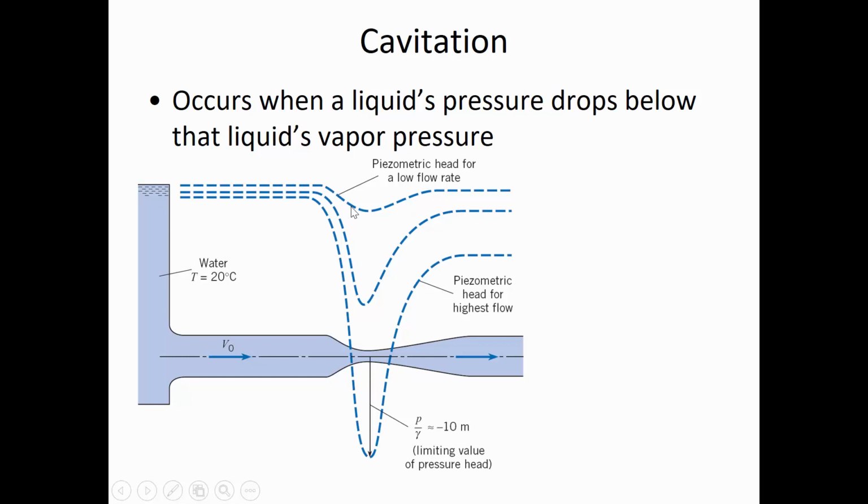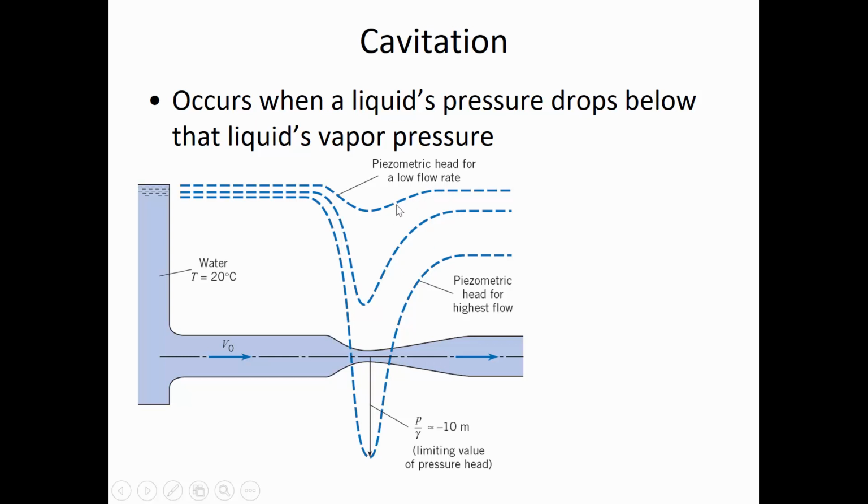There is a little bit of a pressure decrease as we go through this section where the diameter is lower, so the velocity will increase, but it's not increasing very much because it's slow-moving flow. So the pressure dips a little, but then it recovers as the diameter increases again.